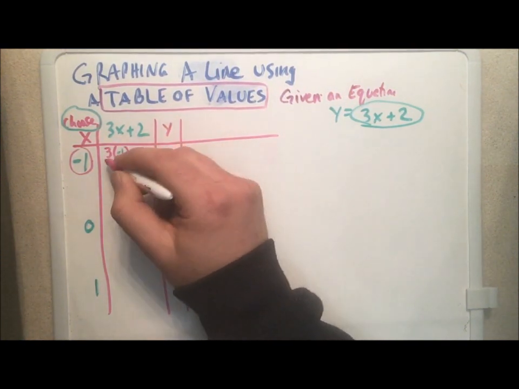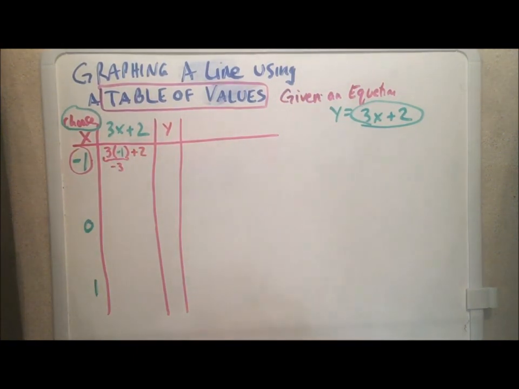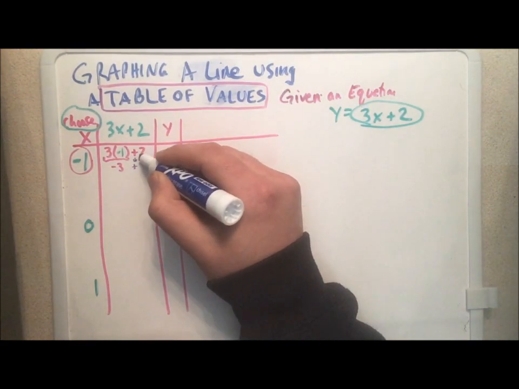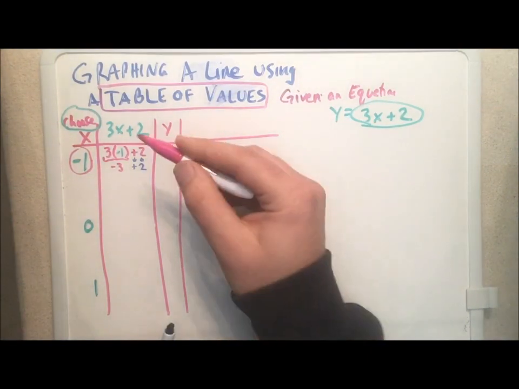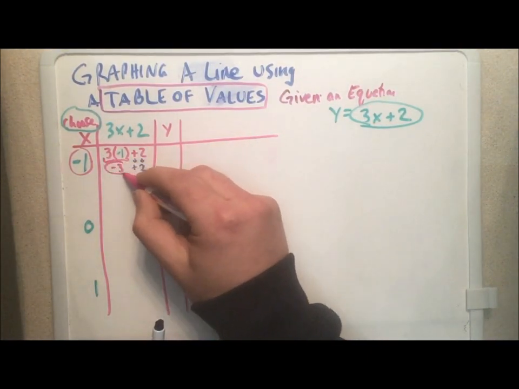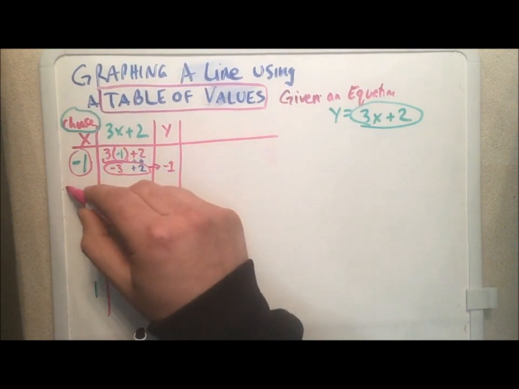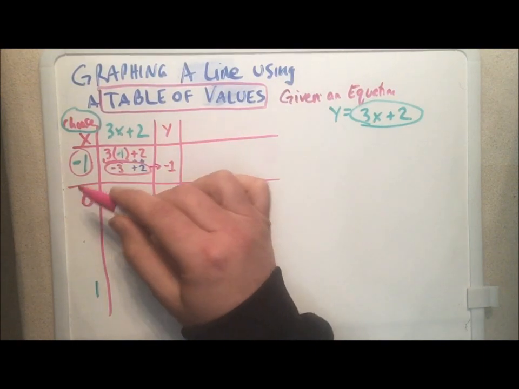Multiplication happens before addition, so that happens first: -3. And because we didn't touch these, they trickle down. That's the great thing about math. If we don't touch them, they just trickle down. So -3 plus 2, we know by now, makes -1.